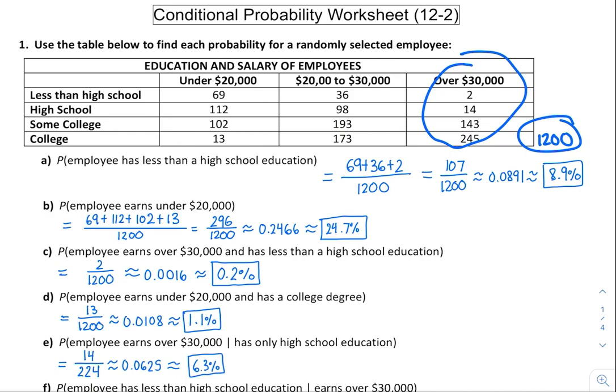Within that category, it's that one. So it would be 2 over the total, which is 1,200. Put that in your calculator, move the decimal 2 places to the right, and you get 0.16, which rounds to 0.2%.